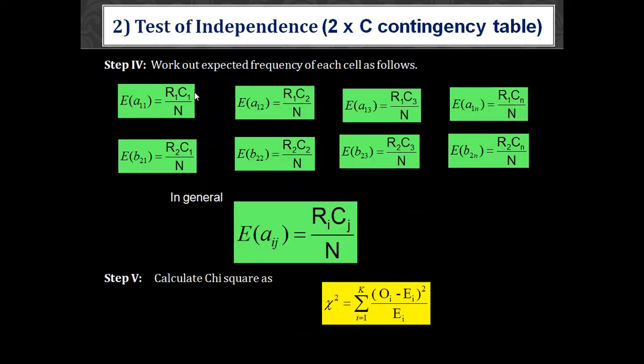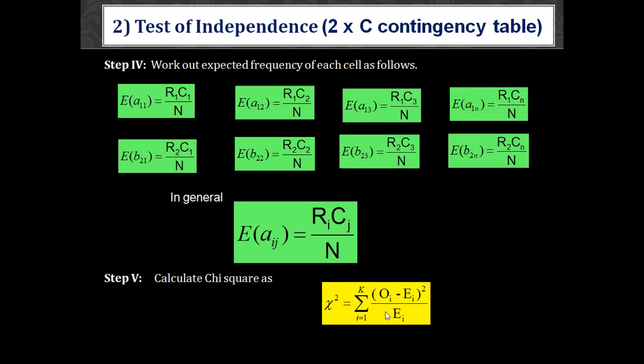This way you can work out the expected value for different cells: R1 C1 divided by n will give you the A11 up to the last frequency. So this is the general formula: the expected value of Aij is equal to Ri into Cj divided by n. Ri is the row total of the respective cell, Cj is the column total of the respective cell, and n is the grand total.